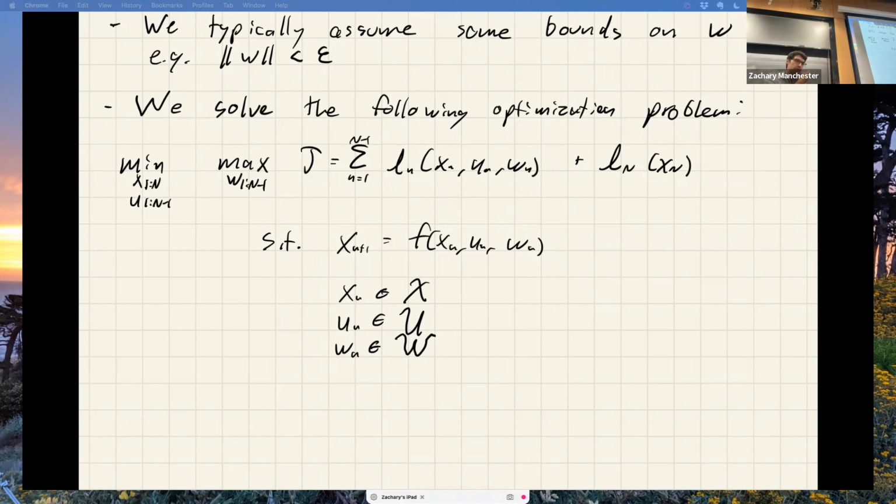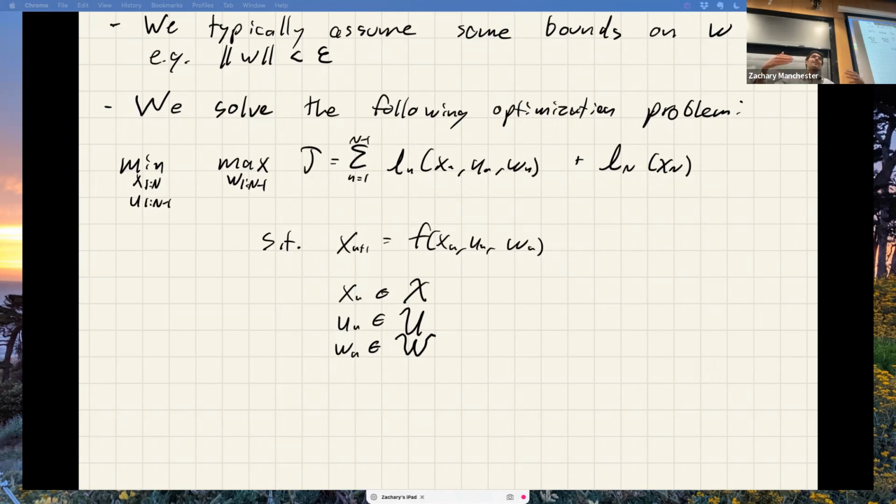So this has another interpretation, which is as a two-player game, which is basically the GAN thing as well. You can imagine I have a U player, a control player who has one set of objectives, trying to minimize the cost. And I have an adversary, a second player who's the W player or the disturbance player, who's trying to maximize the cost. It's a zero-sum game, right?